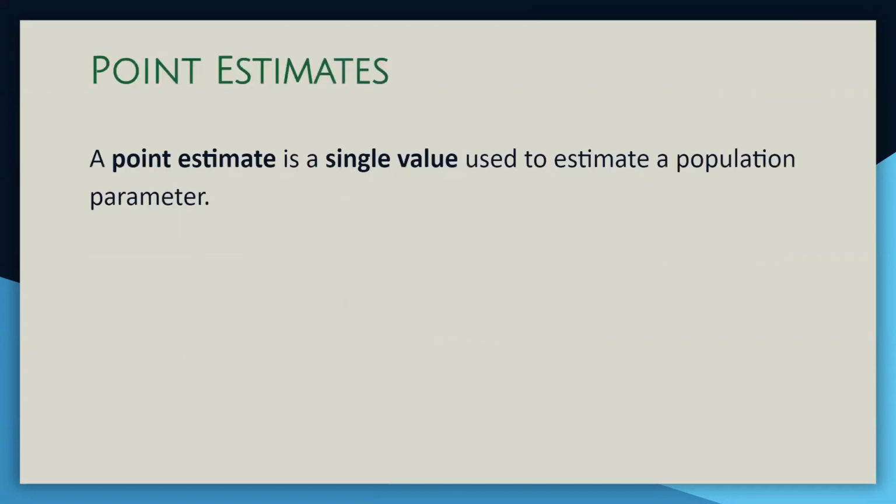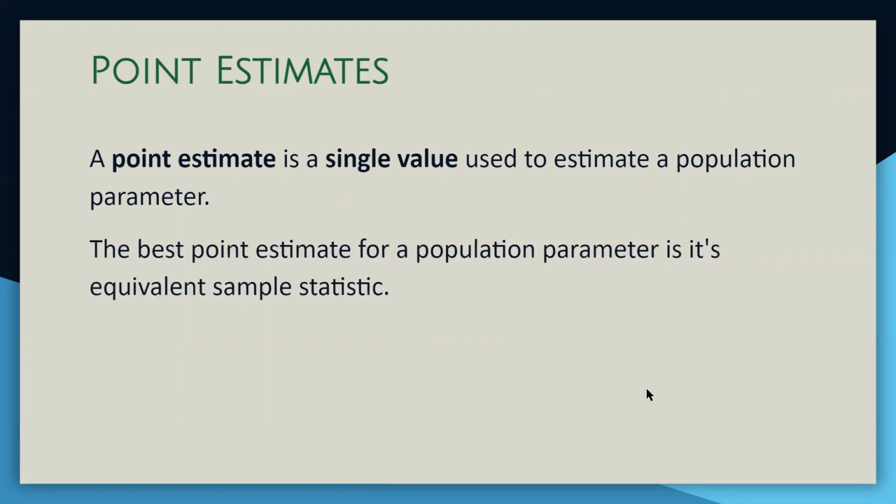Point estimates are kind of what they sound like. They're a single value that we're using to estimate a population parameter. In general, the best point estimate for a population parameter is its equivalent sample statistic.